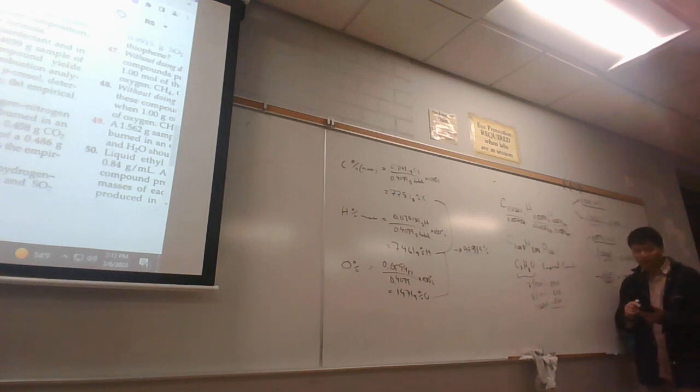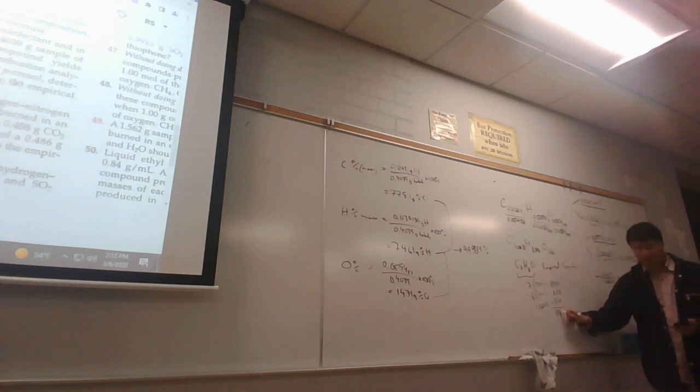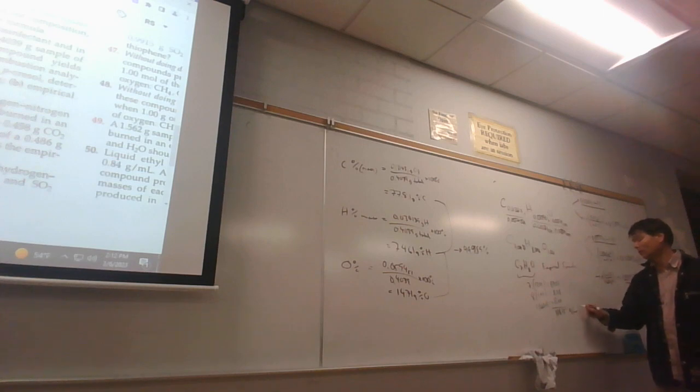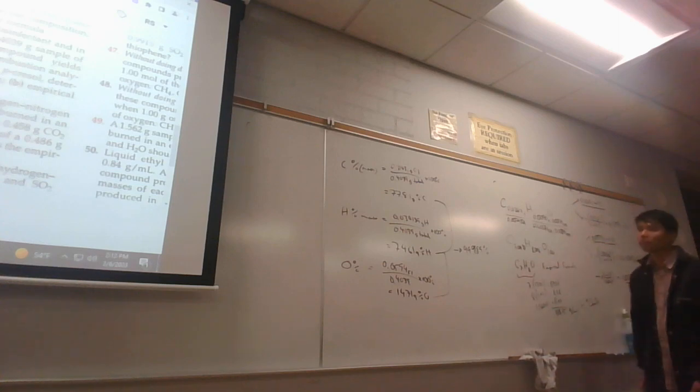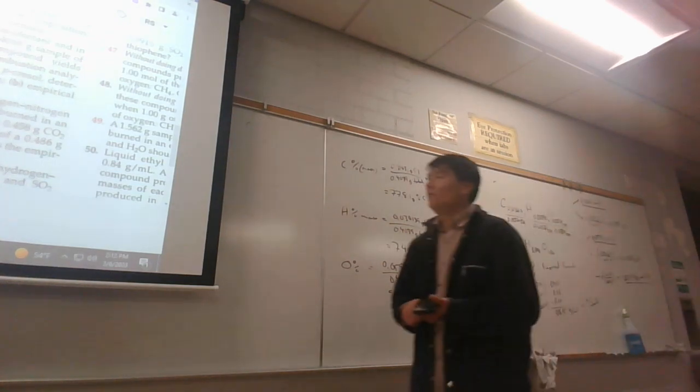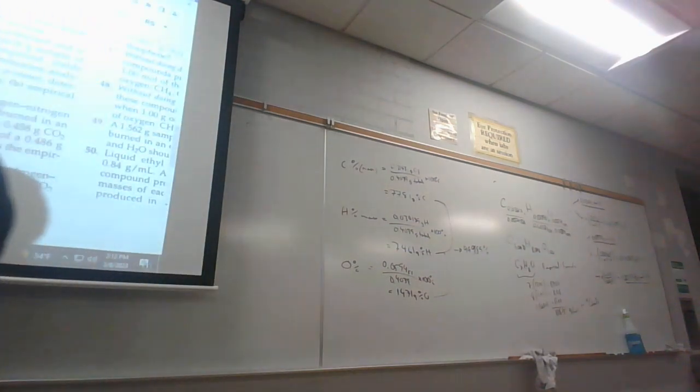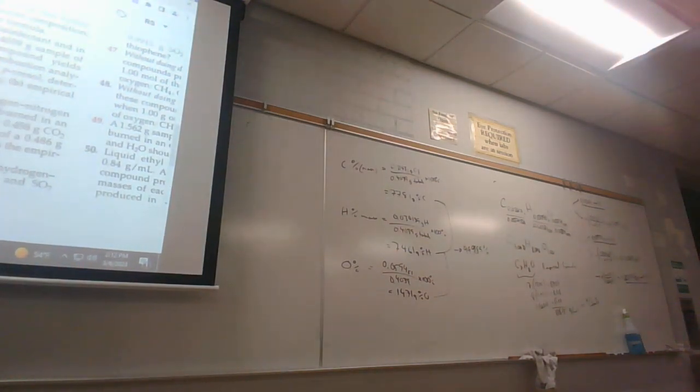And so the empirical mass is 84.07 plus 8.08 plus 16. The empirical unit weighs 108.15 grams per mole, or u per molecule. They give us the molecular mass.